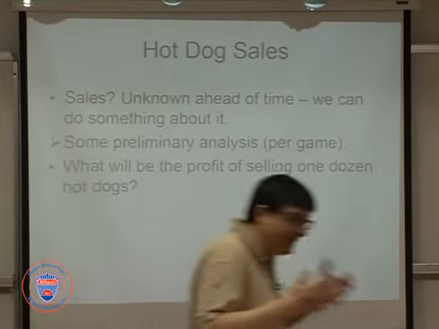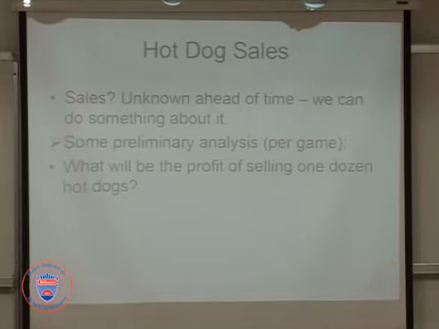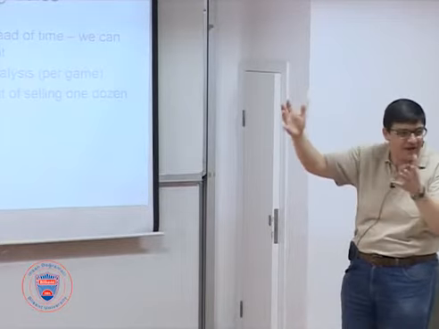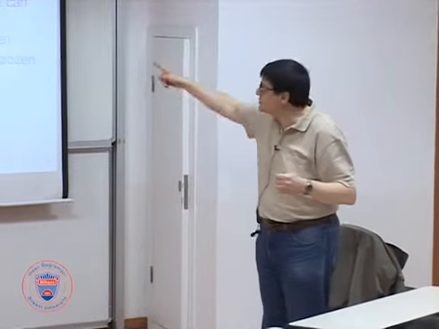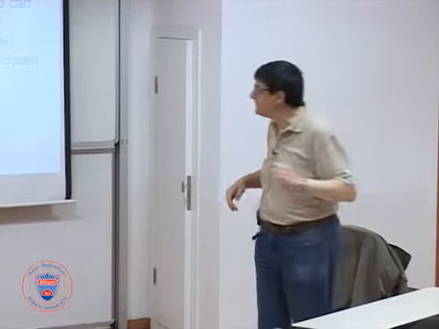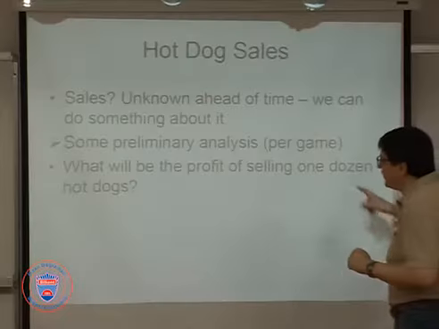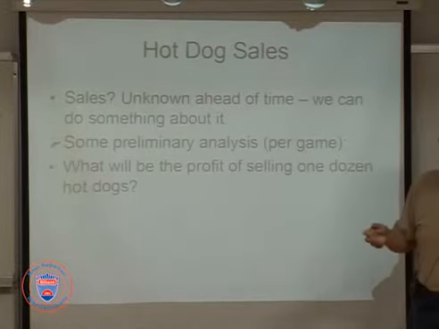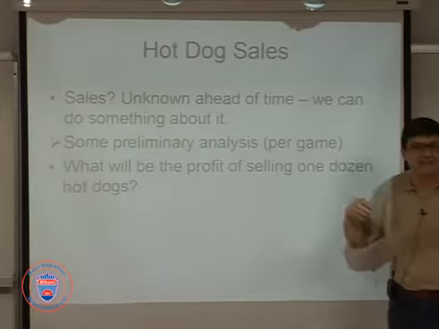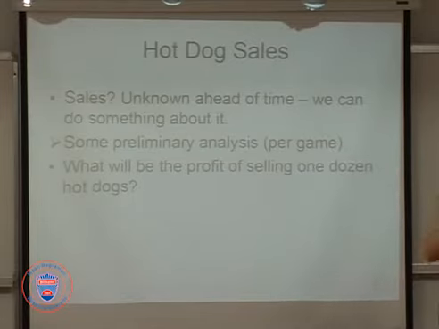So the outcome is unknown, but we know, for example, the range or the chances of having certain values. So this is what we're going to do about that, actually. Now, for every game, you can have some preliminary analysis. You can analyze the data, or you can do various other things, which I'm not going to do today.